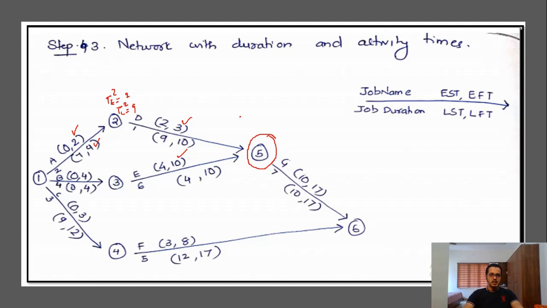Which will be the value of TE5? You have to take the highest value. Or if there are any critical paths, you have to consider that value only. So we took the value to be 10, and TL5 will be 10 itself, because it's the same here. Just consider that.